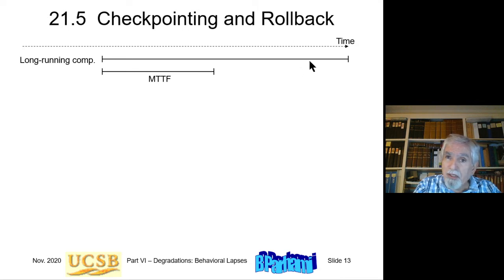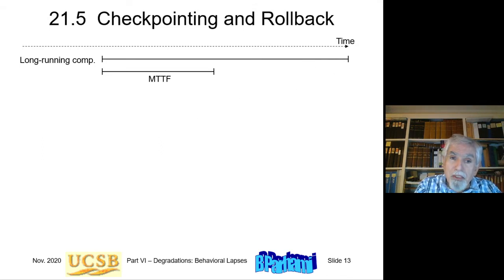And then if a failure occurs, let's say here, shortly before the computation has been completed, you basically have to restart. And if this probability of something going wrong is high, let's say 95%, then you have to repeat the computation many times before eventually it becomes successful and is completed.